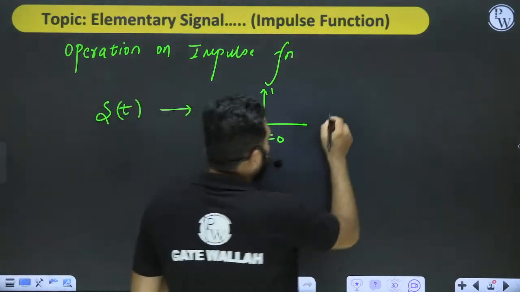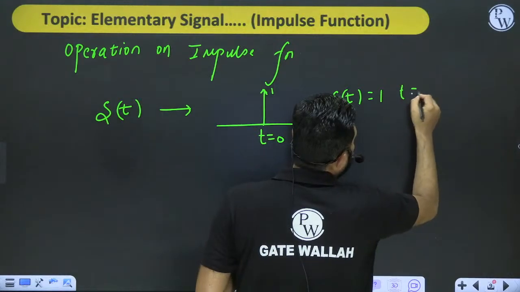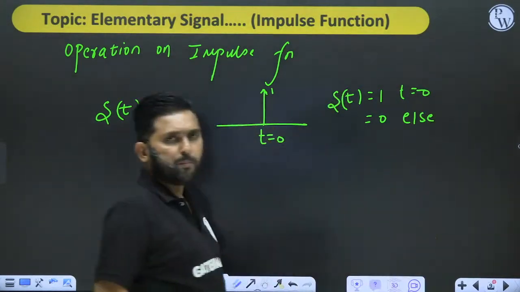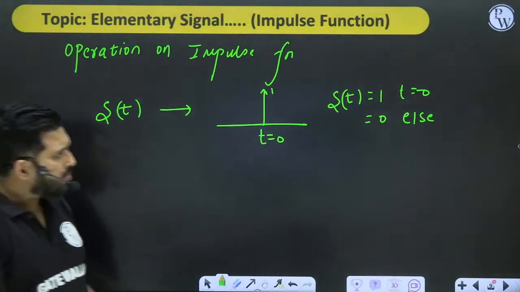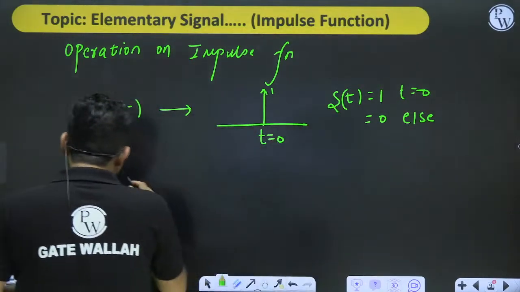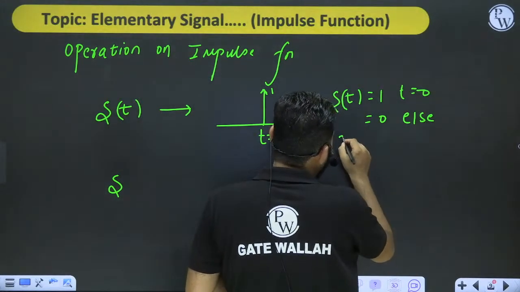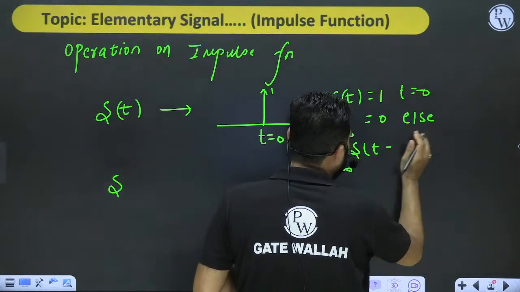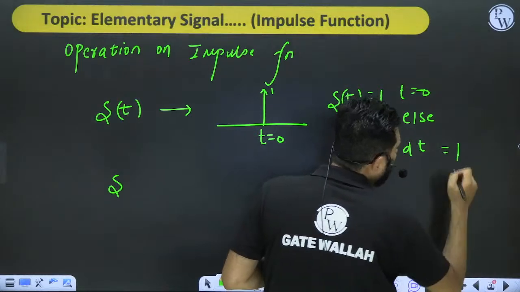So delta t is, as we have just covered, 1 at t equal to 0 and 0 else. Listen carefully, the area under the curve from minus infinity to infinity of delta t dt is equal to 1, that I have covered.